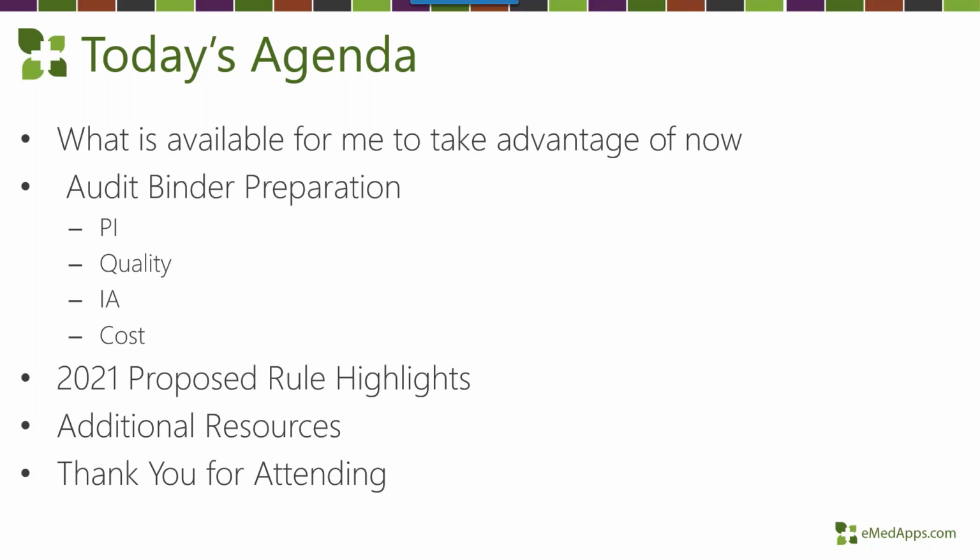We'll go through some audit binder preparation for the different categories: PI, quality, improvement activities, and cost. And then at the end, we'll go over some of the 2021 proposed rule highlights, just so that we can start to prepare a little bit as the year is coming to an end, prepare for next year. Additional resources, and obviously, we'll thank you at the end.